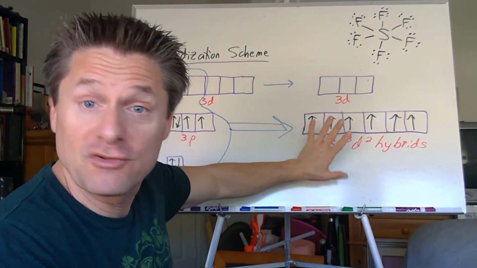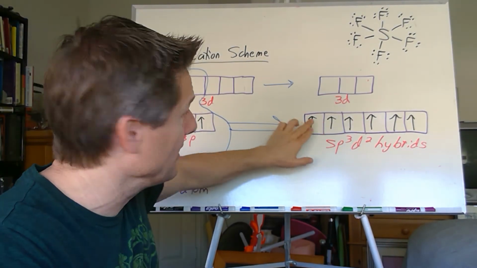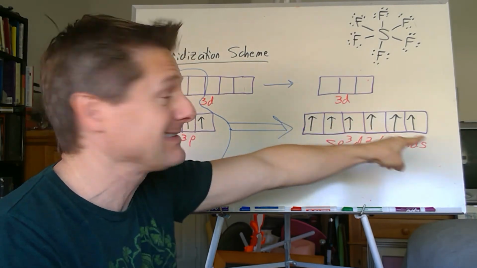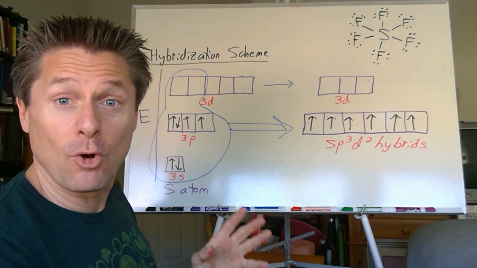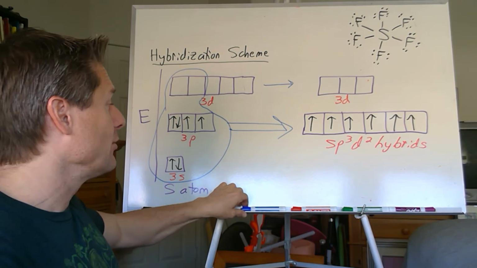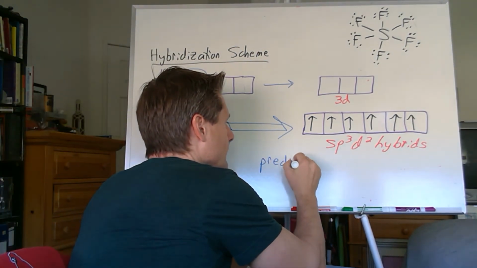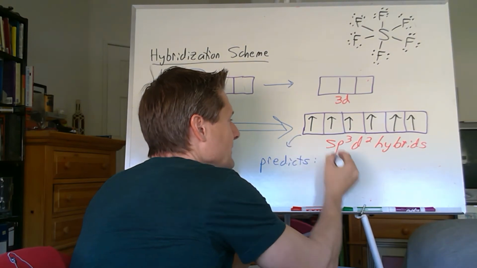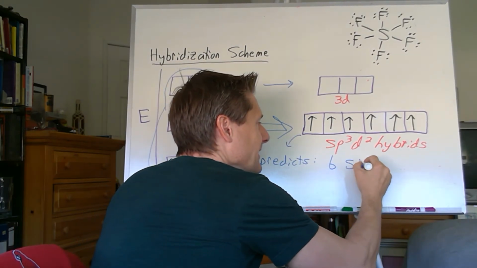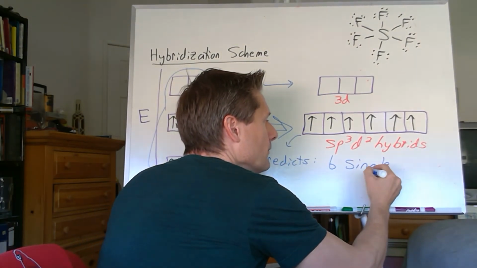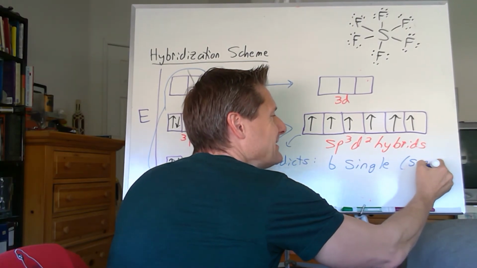All right, so there's nothing up there. There's nothing filled, so this does not predict any lone pairs, right? You'd have to have the 2 electrons in there. So we've got 6 hybrid orbitals, each with an unpaired electron. So that predicts 6 single, or what we call sigma, bonds.